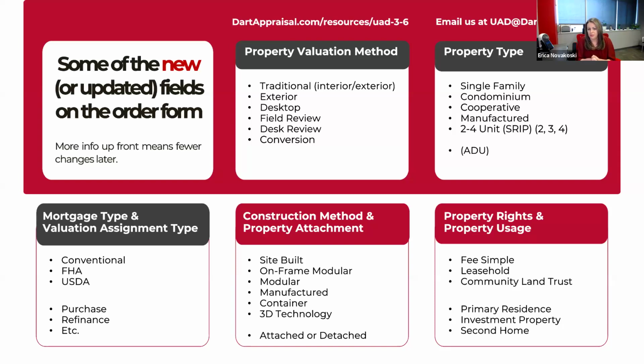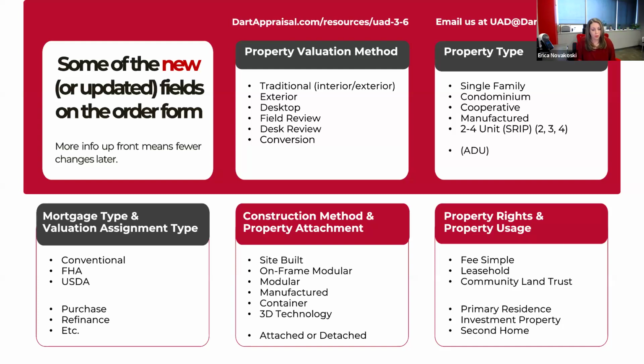So we've really tried to give you all of the background you'll need right on the 3.6 order form, so you don't have to reference anything from another location while placing an order. But if you do think of a question that isn't specifically answered on there, or perhaps there's something else you're running into as you prepare for UAD 3.6, we're very happy to assist you with that.